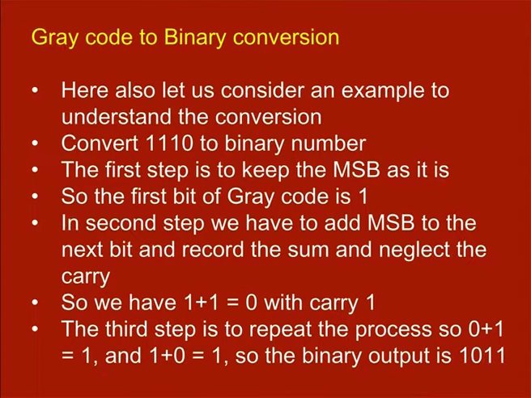The third step is the repetition of the second step. So, now we will add 0 to the next number, that is 1, and that gives us 1, and 1 will be added to 0 and that will give us 1. So, the binary output will be 1011.